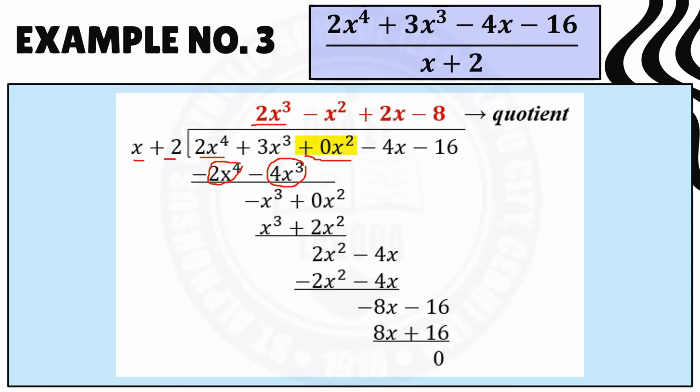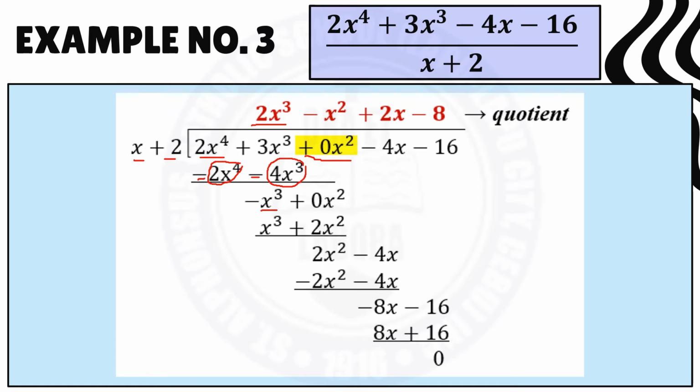It becomes negative here because we already changed the signs. So from positive, it becomes negative. Then from positive, it becomes negative. Combine the similar terms. So we have here 3 minus 4, that becomes negative x cubed.